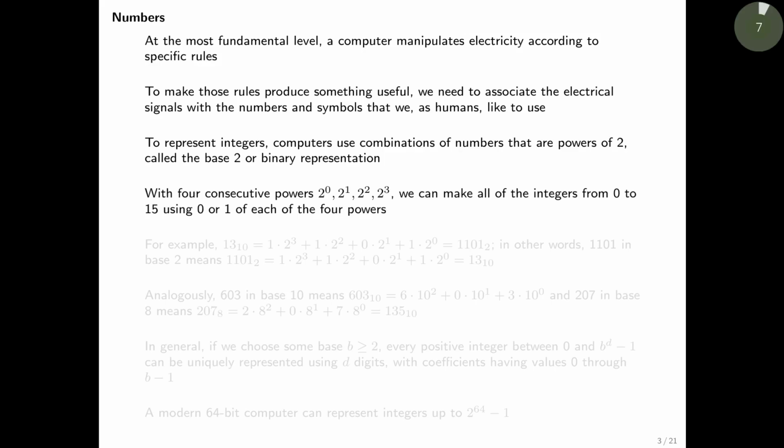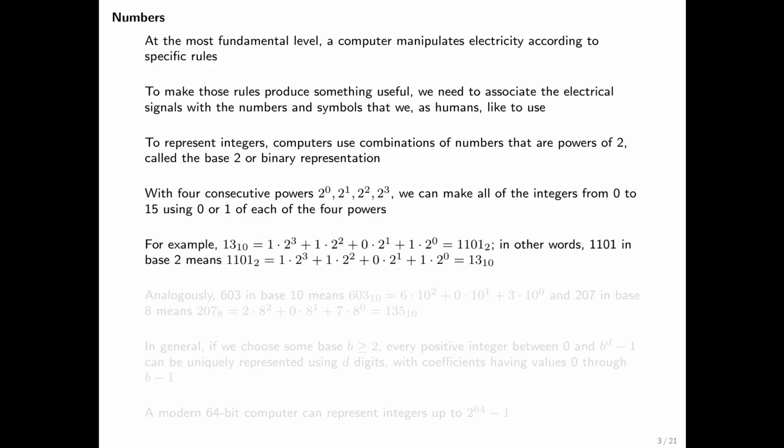So let's take an example. Let's say we have the 4 consecutive powers of 2, which are 2 to the 0, 2 to the 1, 2 to the 2, and 2 to the 3. Now with these 4 powers of 2, we can make all of the integers from 0 through 15 using just 0 or 1 combinations of these. So for example, the number 13 can be written as 0, 1 combinations of these 4 powers as shown here.